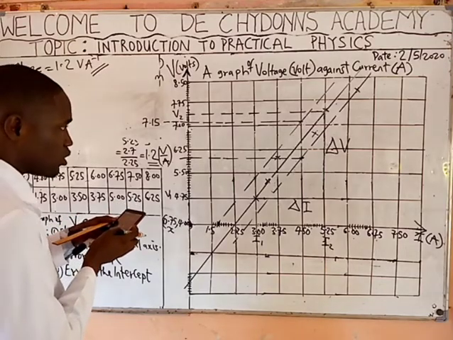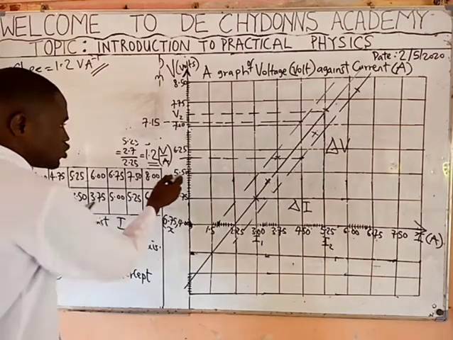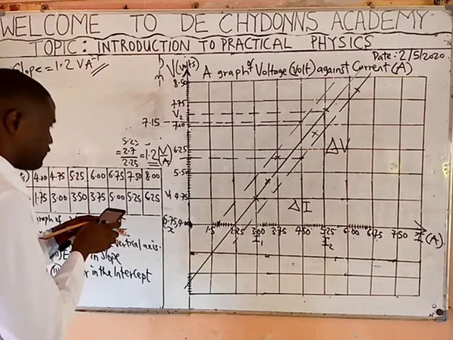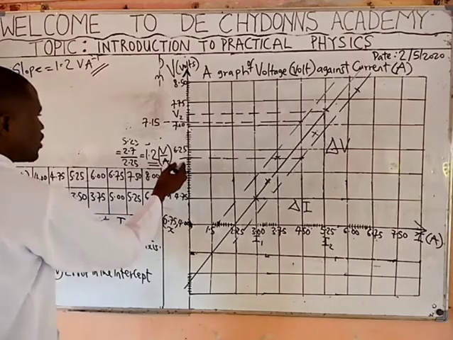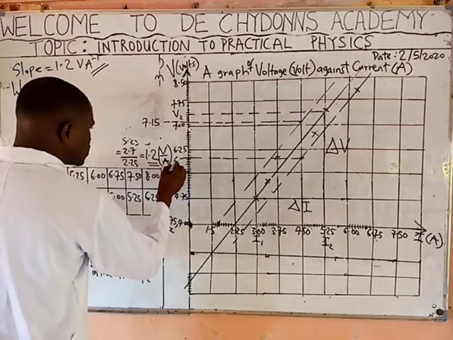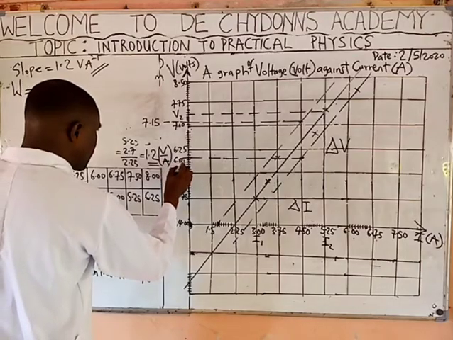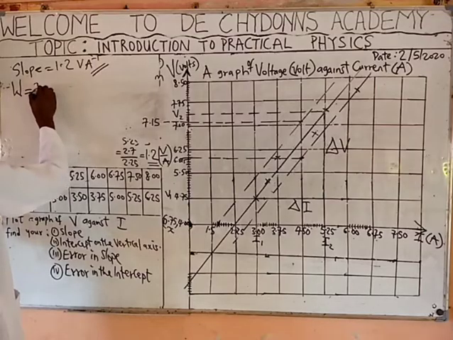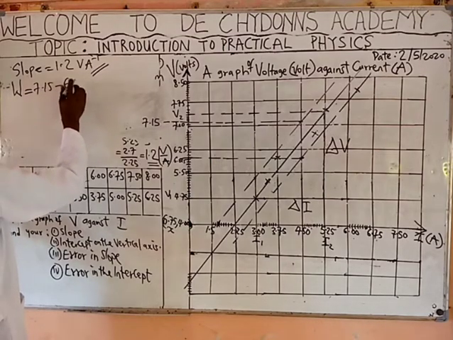Use your calculator. Then you add it to this previous one, 5.5. Okay? That will give you 6.025. So you say your vertical scatter is 7.15 minus 6.025.